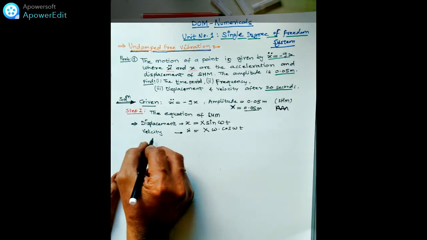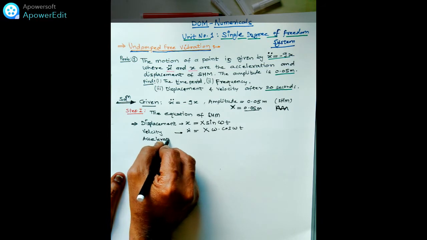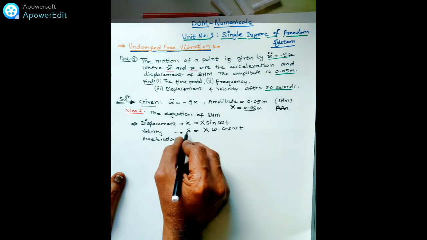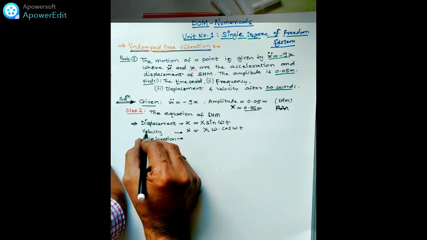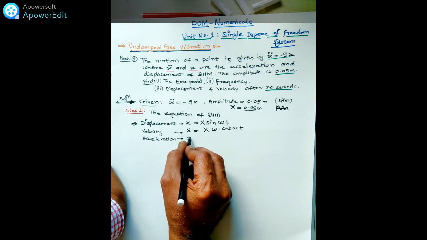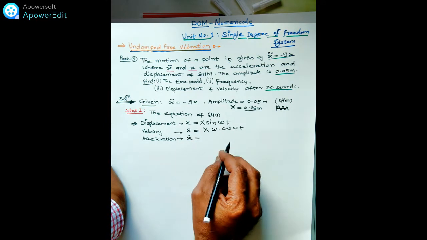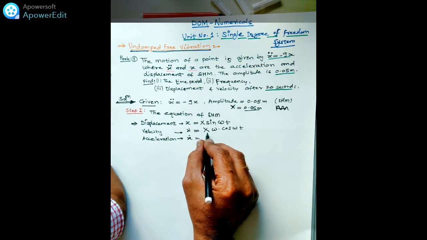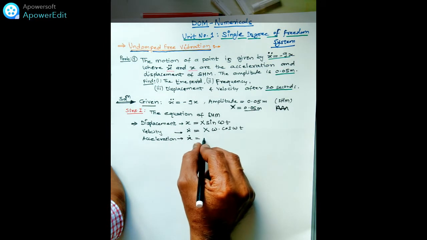Friend, here next is the acceleration. Acceleration we can find out by the differentiation of velocity, correct? X double dot. How to find out the x double dot? Just differentiating this velocity equation again. So what will the equation be then?